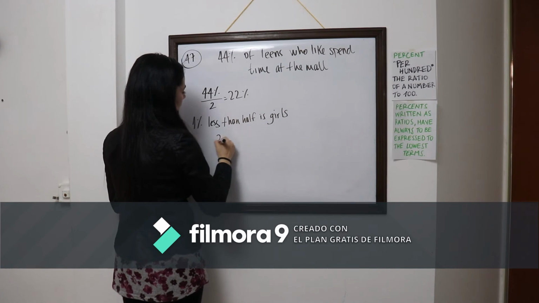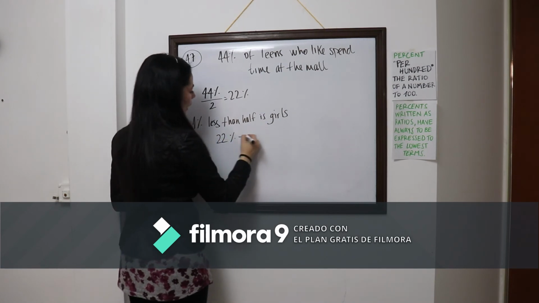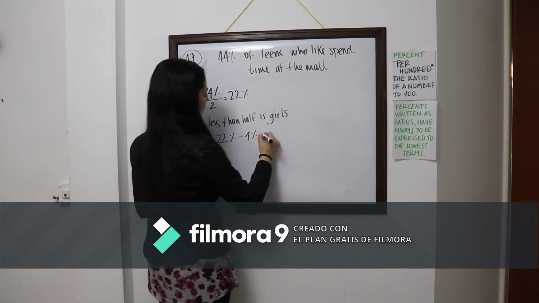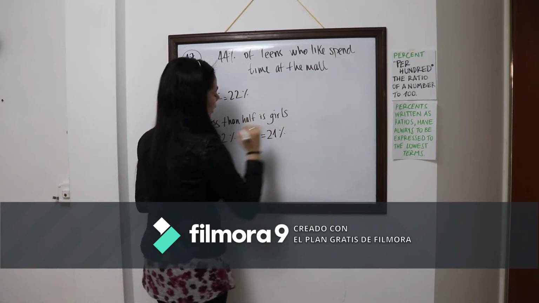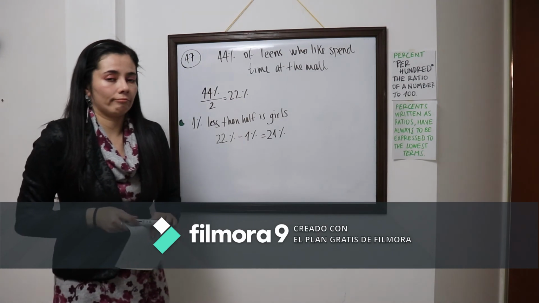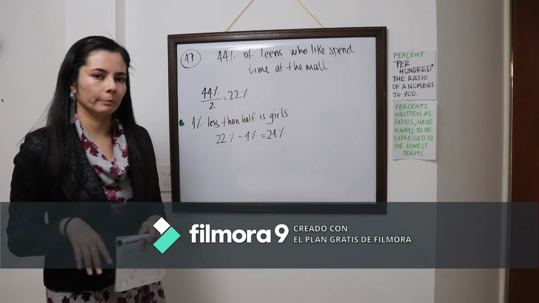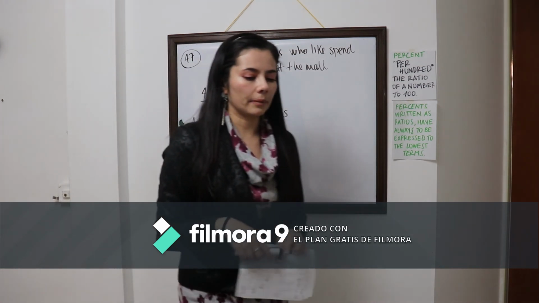So I just need to take that 22% and subtract the 1%. Remember, less than switches everything out. And so I have 21%. So that's it. I don't really have to do the grid, but if you want to do it, it's fine. You can do it, all right? So just please keep that in mind.